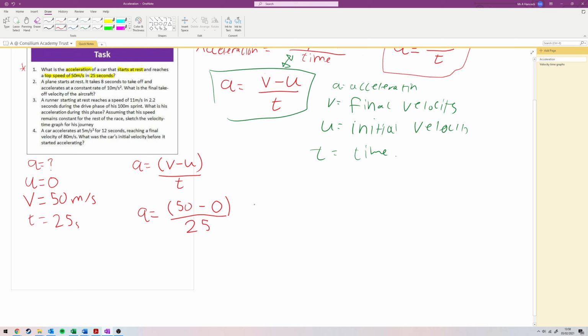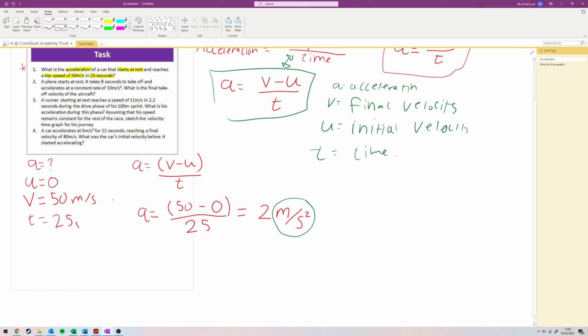So we're left with 50 divided by 25, and that comes out at 2 meters per second squared. And this is your unit. You need to know that this is the unit of acceleration.